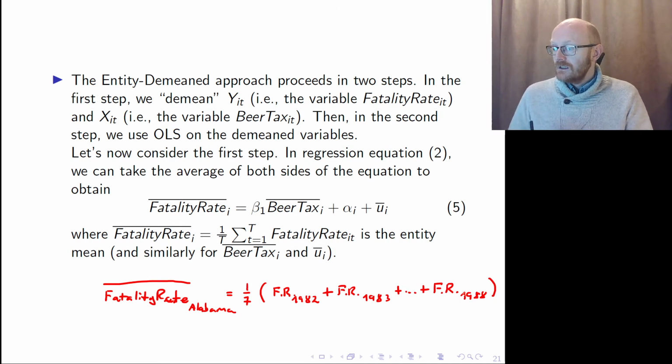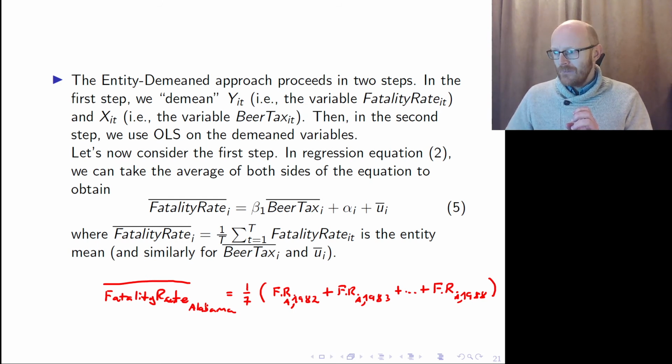Okay, so this would be the average fatality rate over those years, and you create one of these for Alabama, just A for short, and you create 48 of these means from the data set.